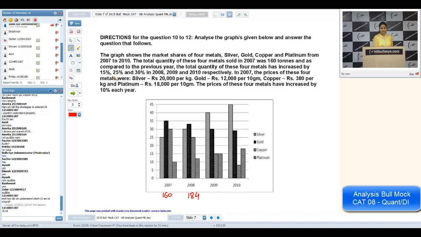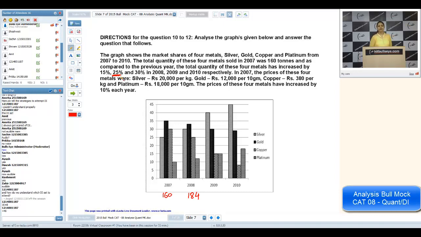Now come to the next thing. What is the next thing? Next increment, that was 25%. I know 25% is 1 by 4. So I'll calculate 184 into 1 by 4. What is 184 into 1 by 4? It will be how much? Or you can do one more thing. You can multiply this by 184.